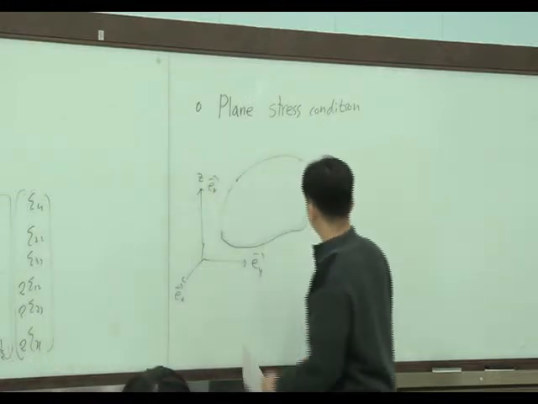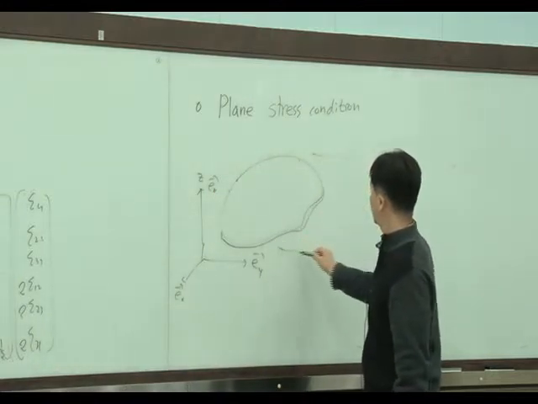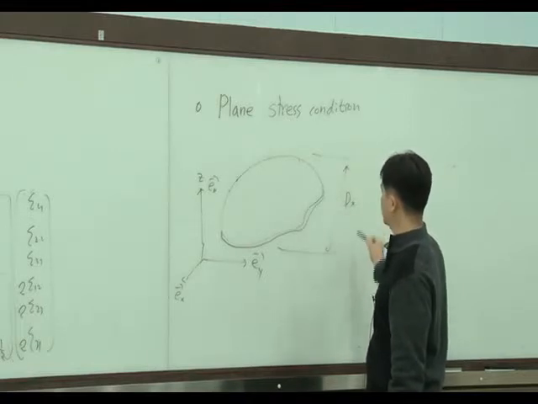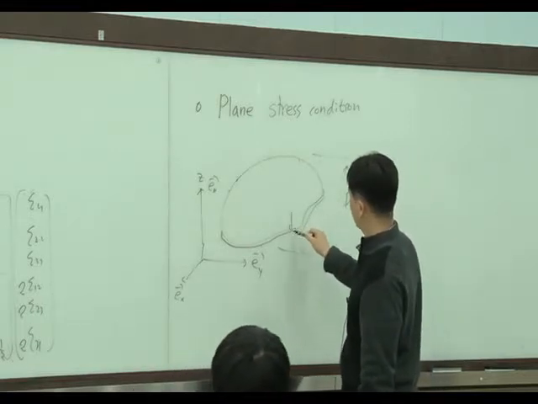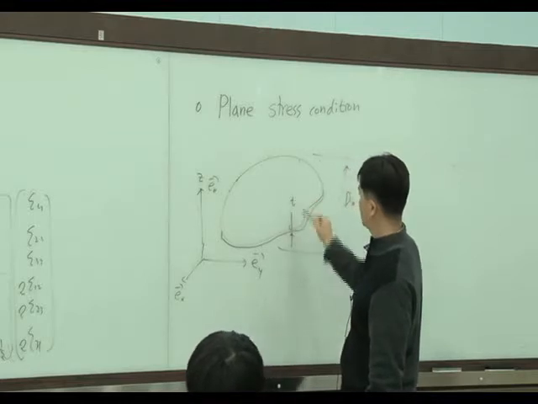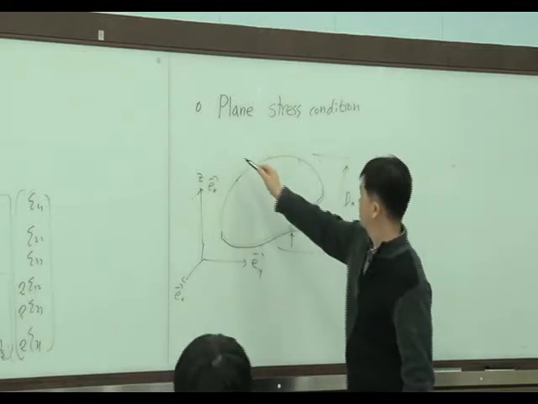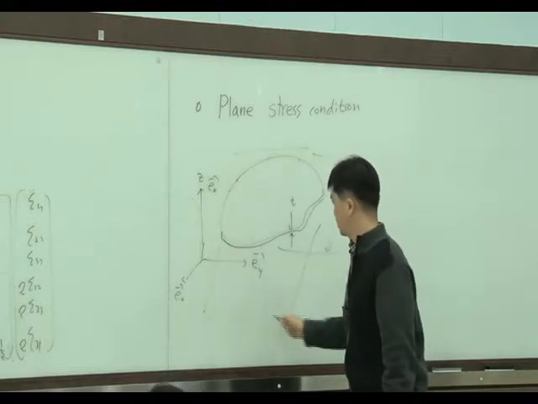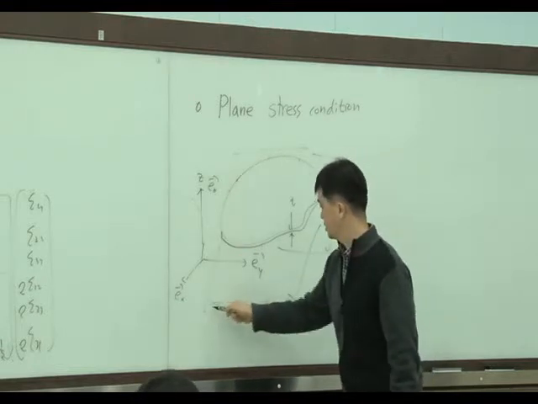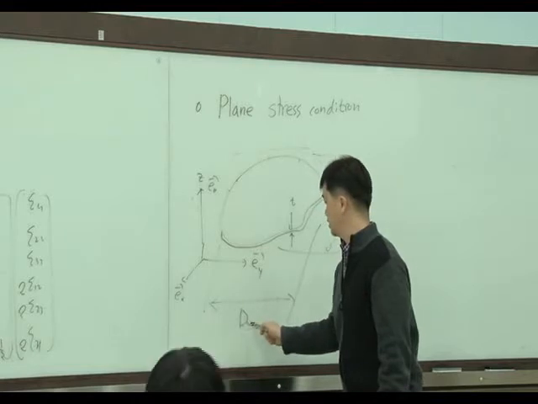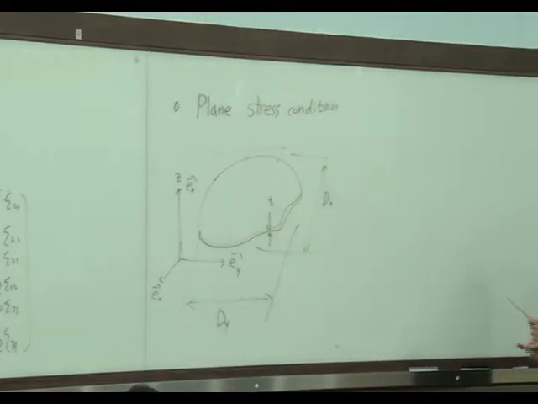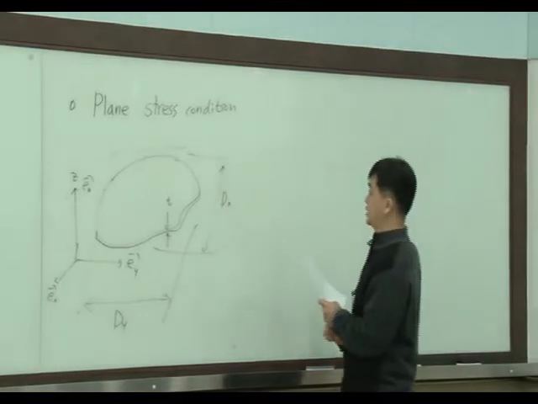So this body has in the ex direction the dimension dx, thickness t, and the other dimension in the y direction is dy. So this is a thin body.